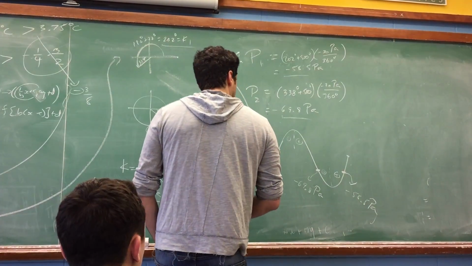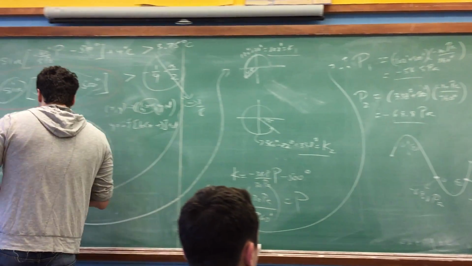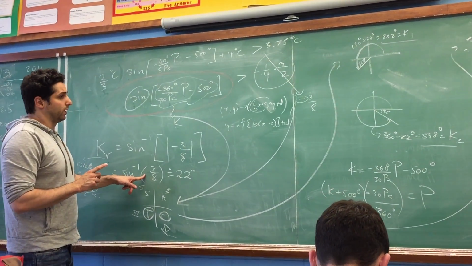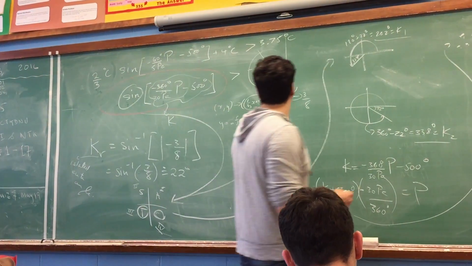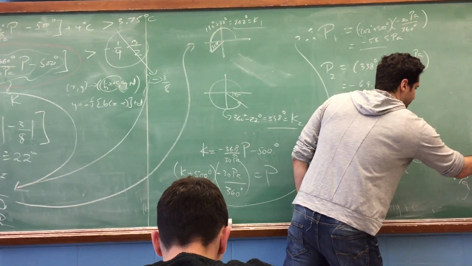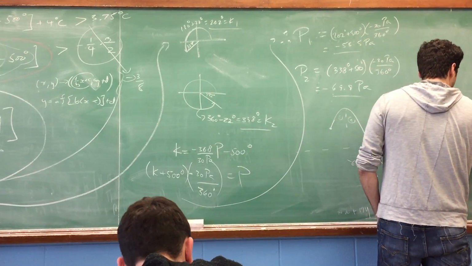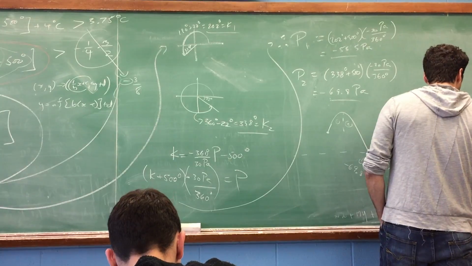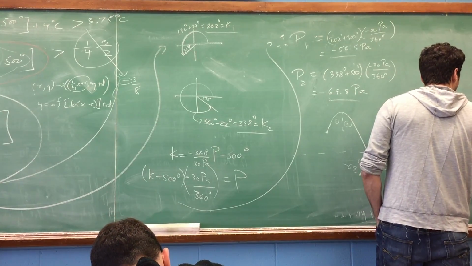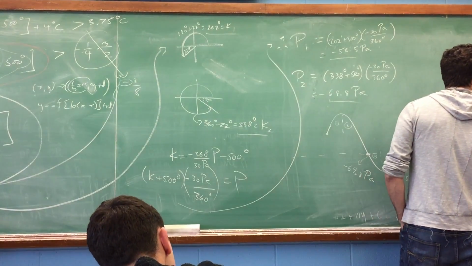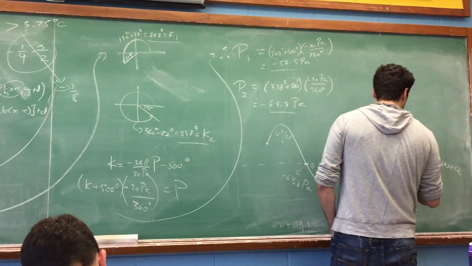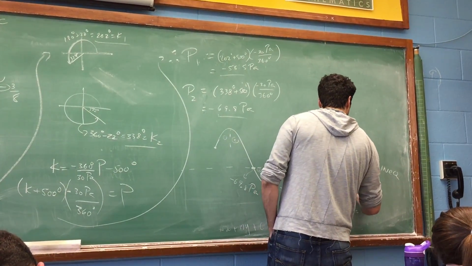Now here's the thing. That corresponds to equaling minus 3 over 8. So let's say it goes like this. We'll say the left side of the last inequality equals minus 3 over 8.